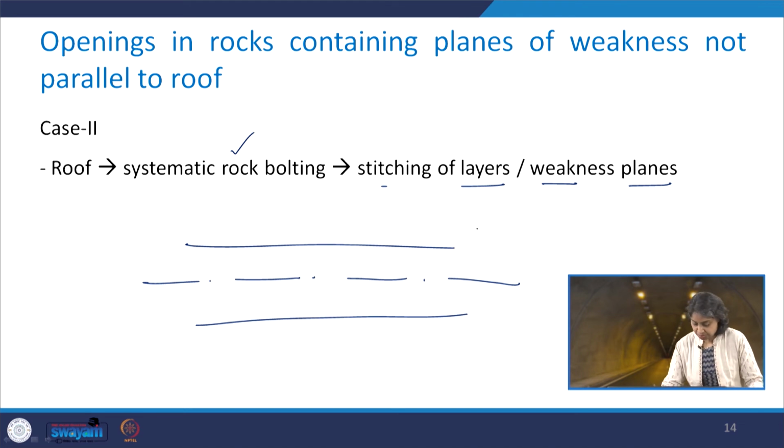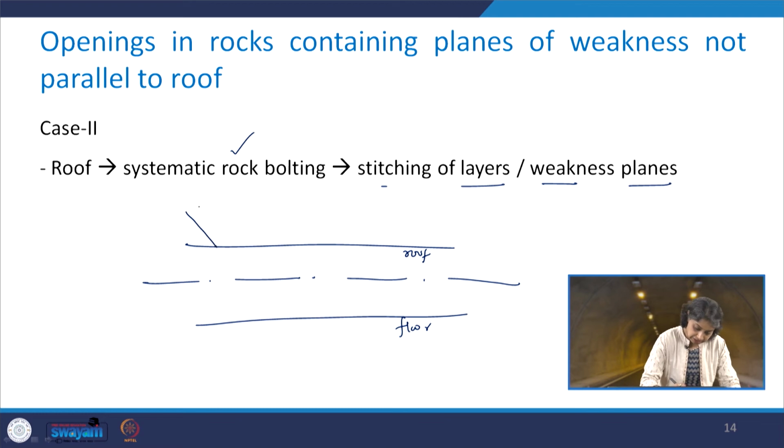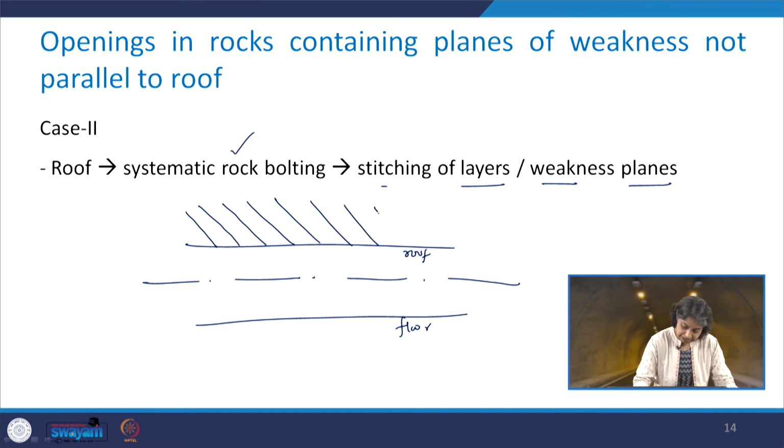So, I will just mark this as the roof, and here it is the floor, and the planes of lamination will feather like this. This angle is angle beta, and there is going to be movement like this in the roof portion.